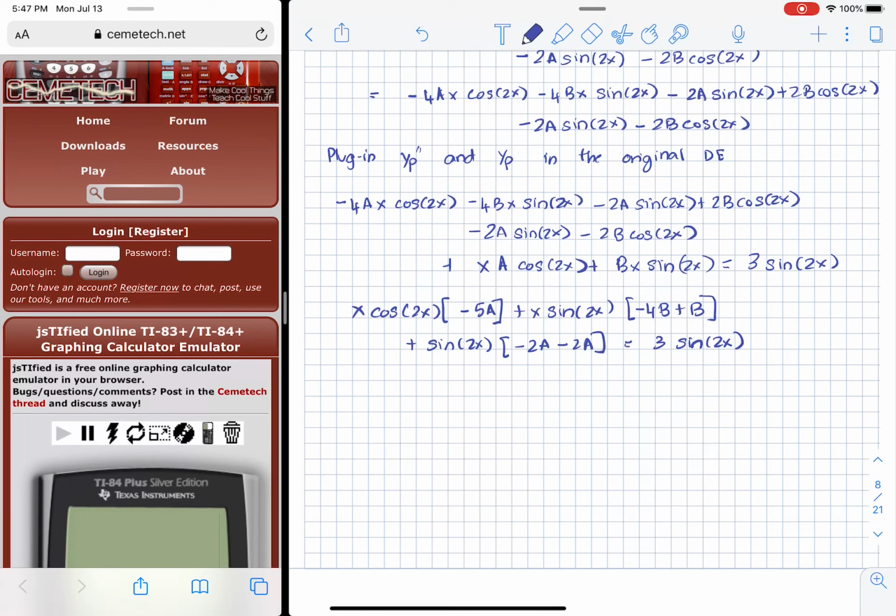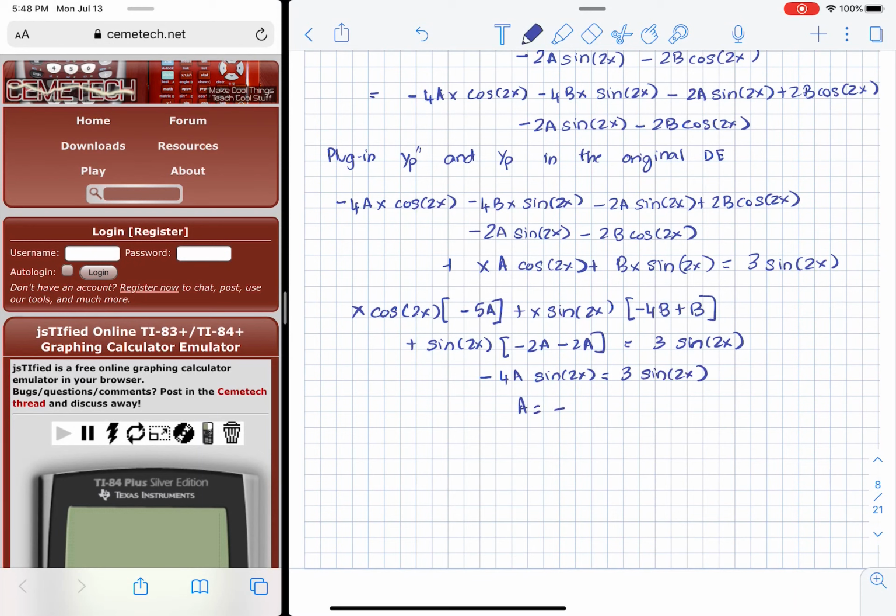Okay, so that would simply mean there is a cosine 2x term that gets cancelled. So minus 4a sine 2x would equal 3 sine 2x.